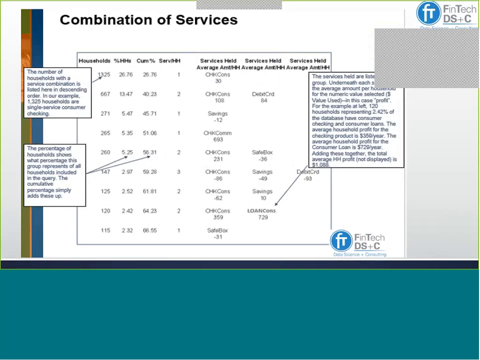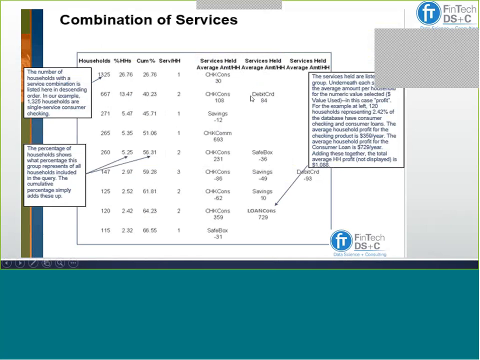Again, segmentation is everything. Looking again at why segmentation is everything, I'll submit to you this analysis. So a member with a checking account and a debit card, okay? And we're making, in a month, $108 and $84 on average.